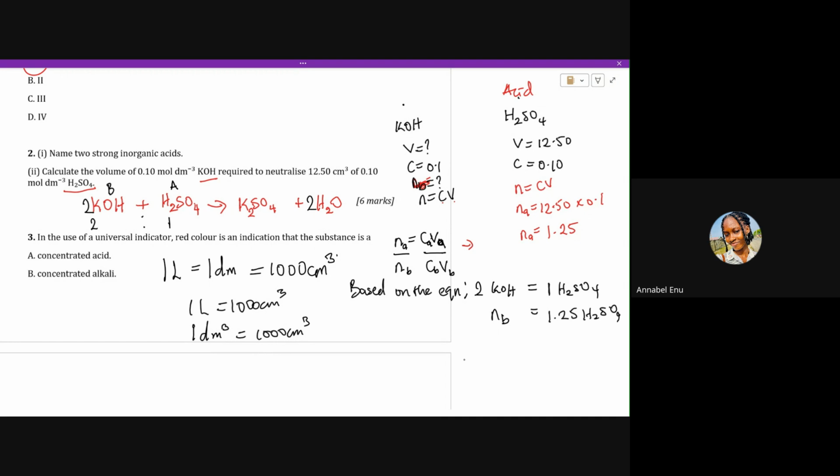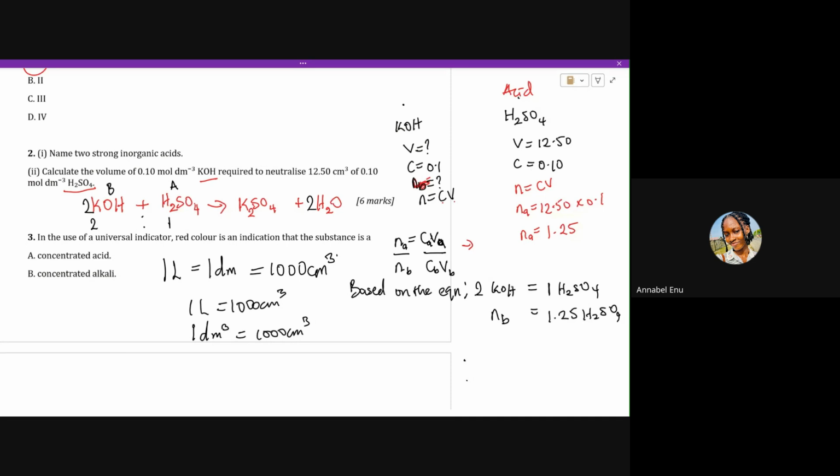So coefficient relating it with number of moles. So from here, what I like to do is to cross multiply. Or if you don't want to do that cross multiplying, because that one would never fail you, you just use common sense. If 2 will give us 1, how many will give us 1.25?